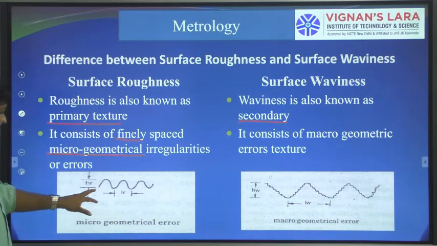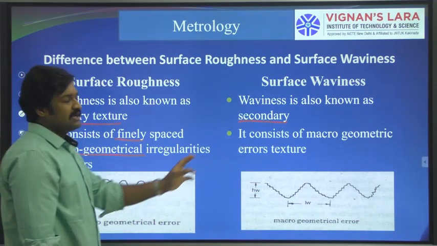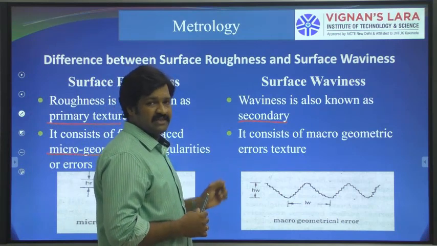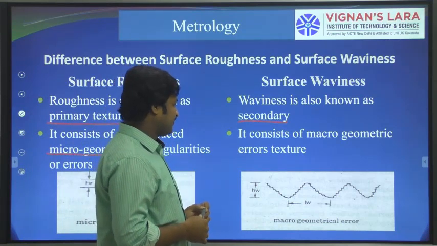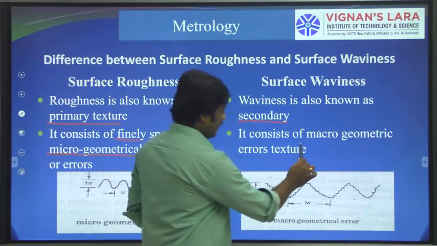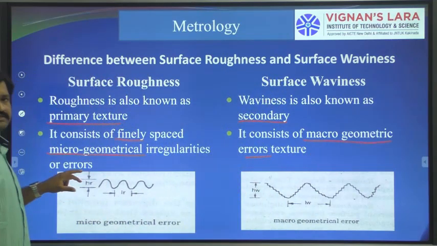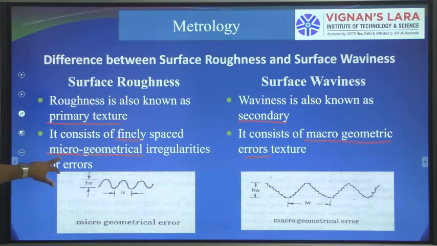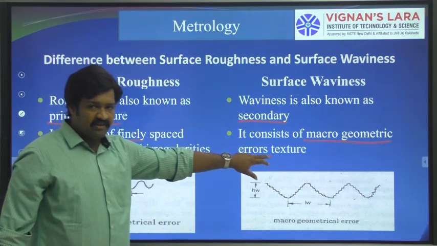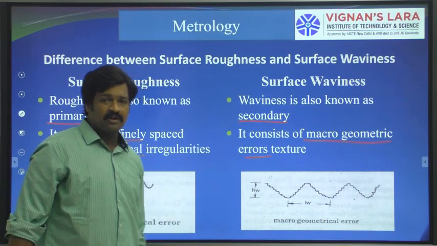So these are considered as microgeometrical errors. Whereas surface waviness consists of macrogeometrical errors. So surface roughness is called microgeometrical errors, whereas waviness is called macrogeometrical errors.